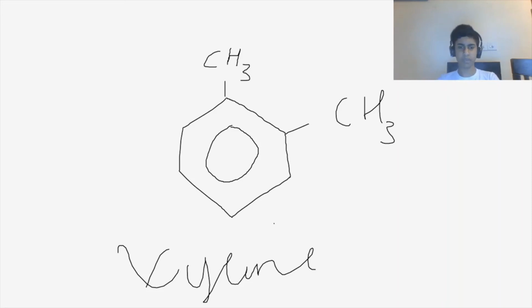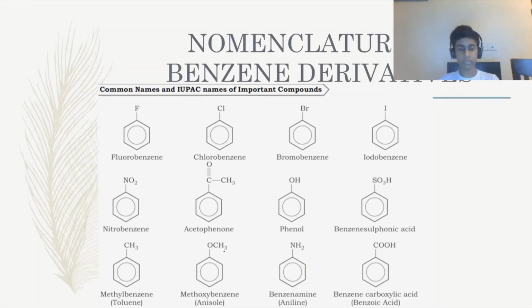Based on the places, we will define that a little later. This is methoxybenzene, or its common name is anisole. Whenever we have NH2, we name this as benzenamine or aniline. This is benzene carboxylic acid or benzoic acid.